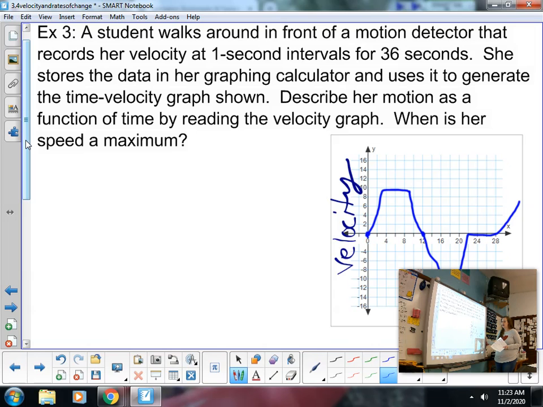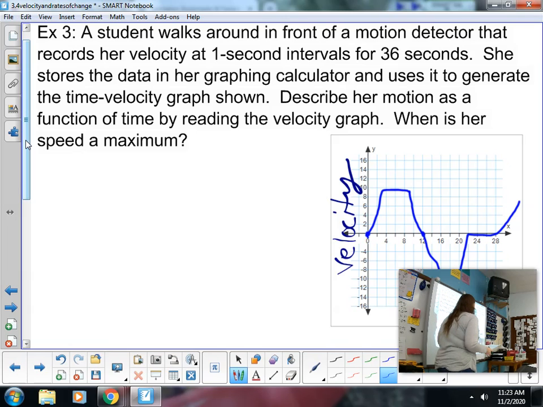It makes more sense to be moving from left to right here. So you can see here, when she starts out, she's at 0, which means she's not moving. Her velocity stays the same. She is going to be moving in a positive velocity, and notice it's not a consistent velocity. She's actually going to be speeding up.